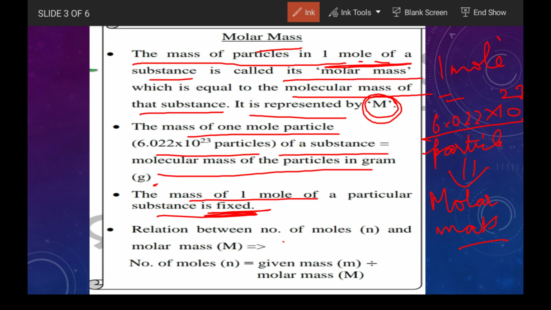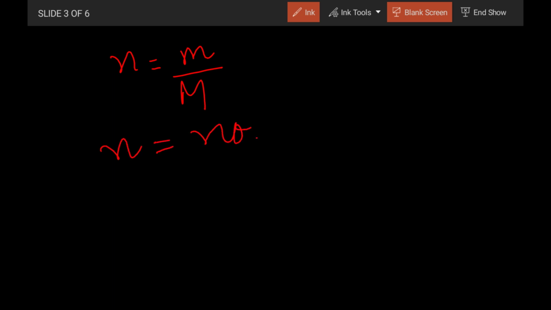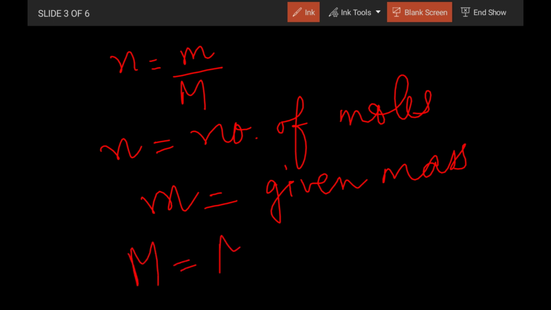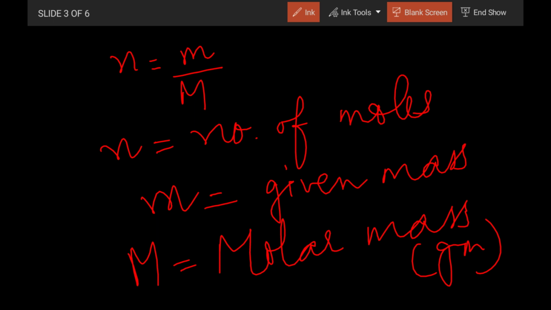The relationship between number of moles and molar mass is n = m/M, where small n is the number of moles, small m is your given mass, and capital M is obviously your molar mass, expressed in grams, you know it very well.